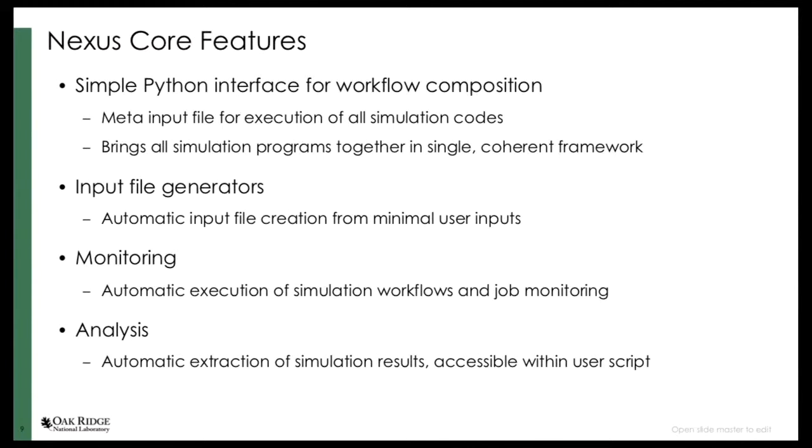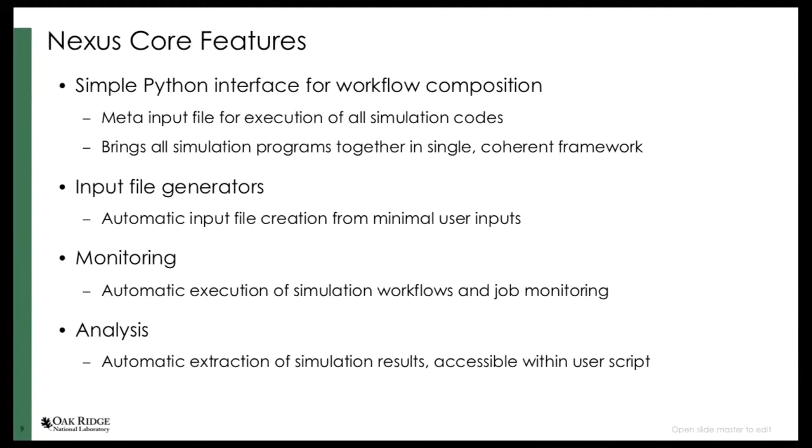One key feature of Nexus, like essentially all other workflow automation systems, is it supplies input file generators. So you have automatic input file creation from the minimal user inputs. Nexus provides job monitoring, so you automatically execute simulation workflows and monitor them for completion on your behalf. So what you end up with at the end is the final result without having to spend a lot of time babysitting queues and so forth.